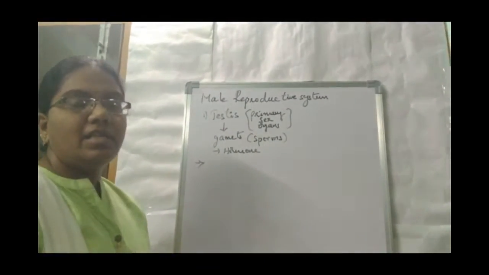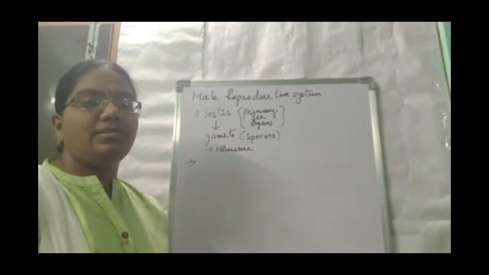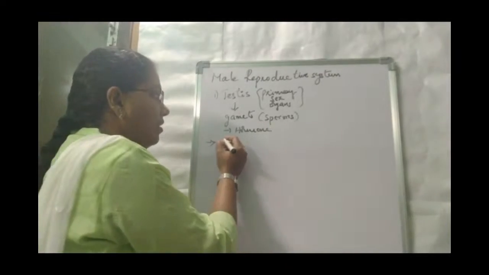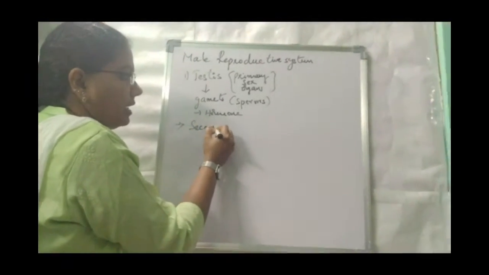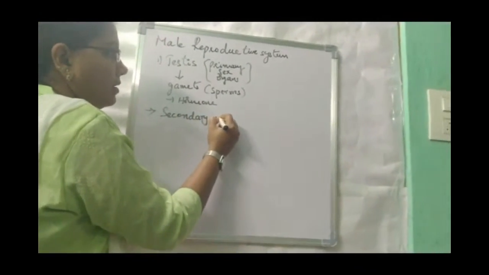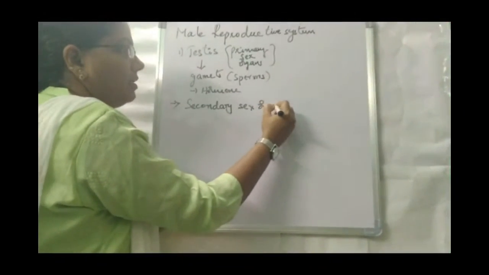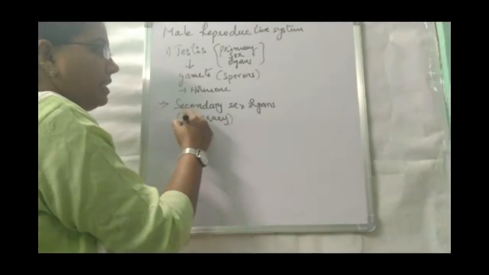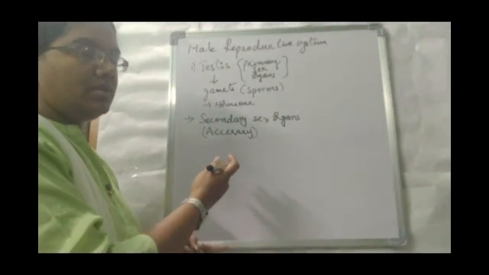Second, some other accessory organs are also involved in the reproductive process. These are called secondary sex organs or accessory organs. Accessory means they just assist the reproductive process.